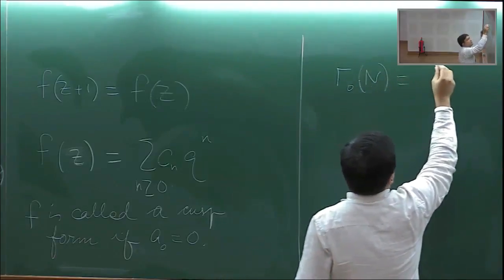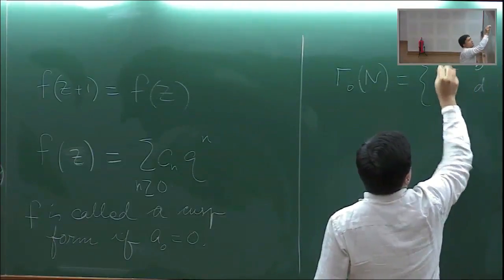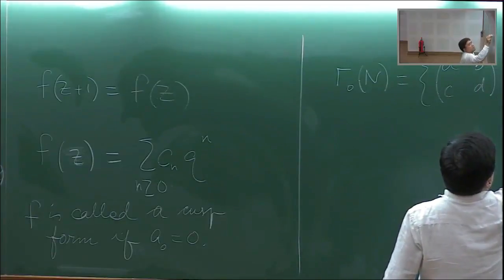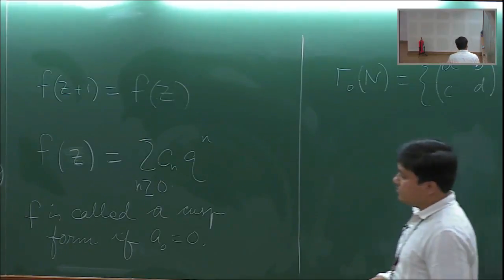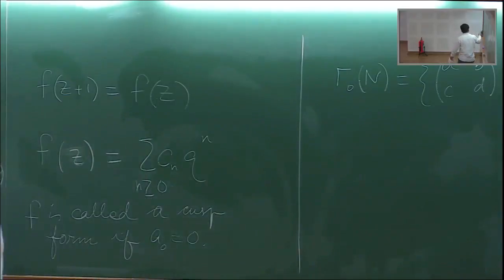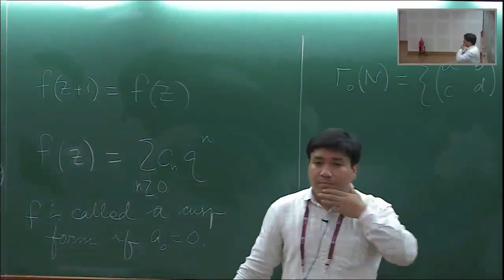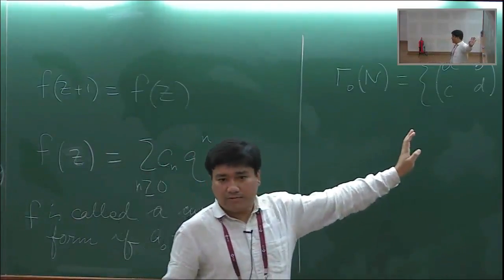This is all those a, b, c, d inside SL2Z such that c is congruent to 0 mod n. And if you want this for these kinds of subgroups, you say that f is a cusp form of level n.